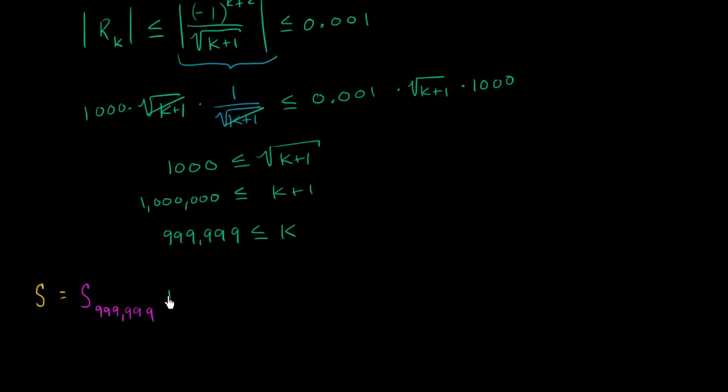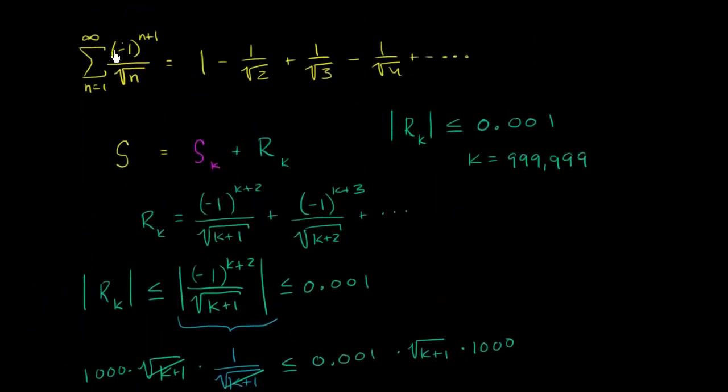So this is going to be plus the remainder r sub k, and the first term is going to be our millionth term. The millionth term is going to be -1 to the 1,000,001 power, and that's going to be -1 because that's an odd number. So it's going to be -1 over the square root of 1,000,000.